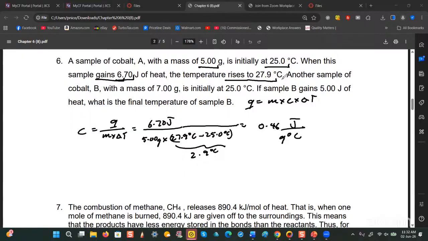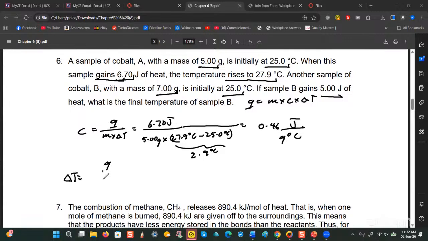Now, let's move on to the next part of the question. It says another sample of cobalt B has a mass of 7 grams, initially at 25 degrees, and it gains 5 joules of heat. What is the final temperature of the sample? So in this case, we need to find what delta T is, the change in temperature.